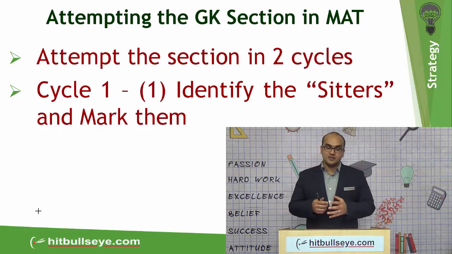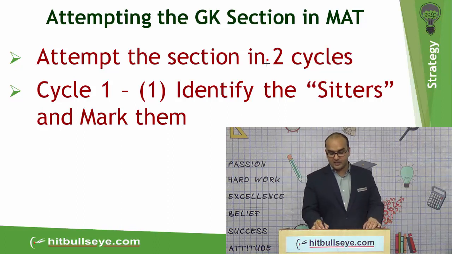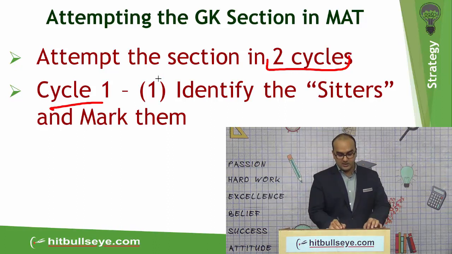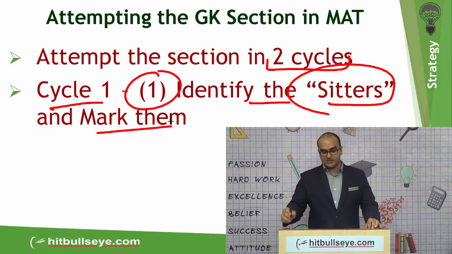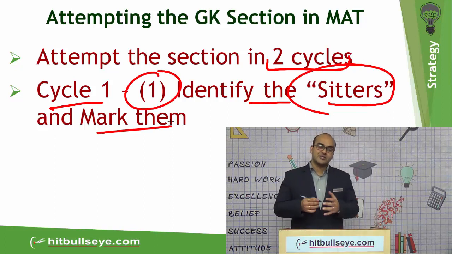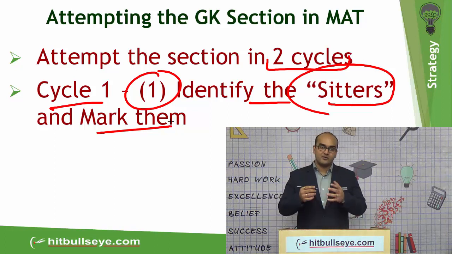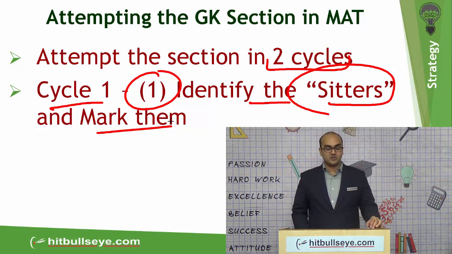So it is important that you attempt the section in 2 distinct cycles. So in cycle 1, step 1 is identify the sitters and mark their answers. The sitters are obviously those category of questions which are very easy and you are definite about the answer of the questions. So you mark these questions.